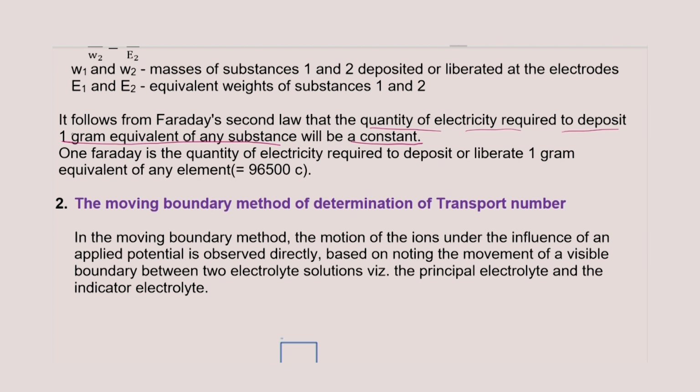It is 1 Faraday, that is the current required to deposit or liberate 1 gram equivalent of any substance, and its value is found to be 96,500 coulombs. So, if I put 1 Faraday of current through any solution, you can have 1 gram equivalent deposited or liberated.